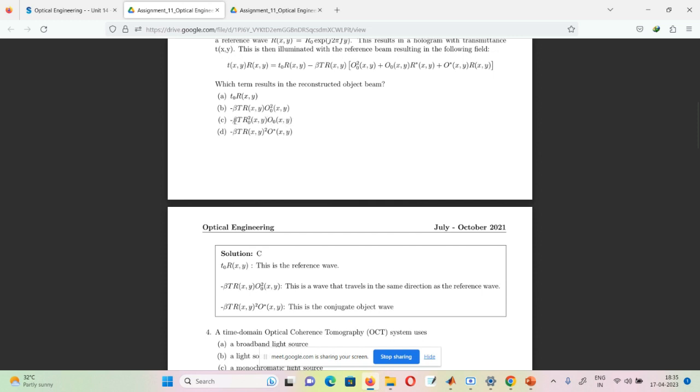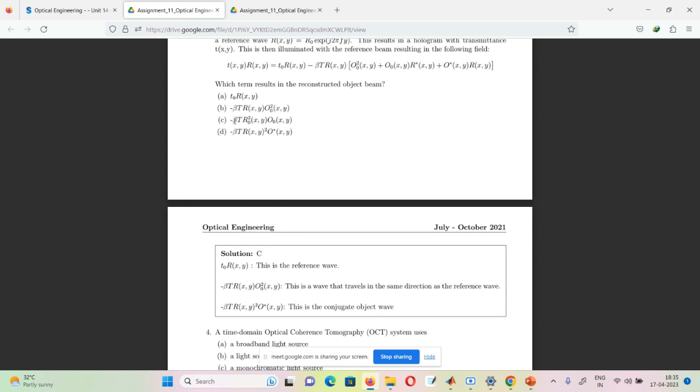Because of this modification, there is a beta, a transmittance and the reference beam's intensity. Because of this, you will feel that there is some variation. It will not look exactly like your object.